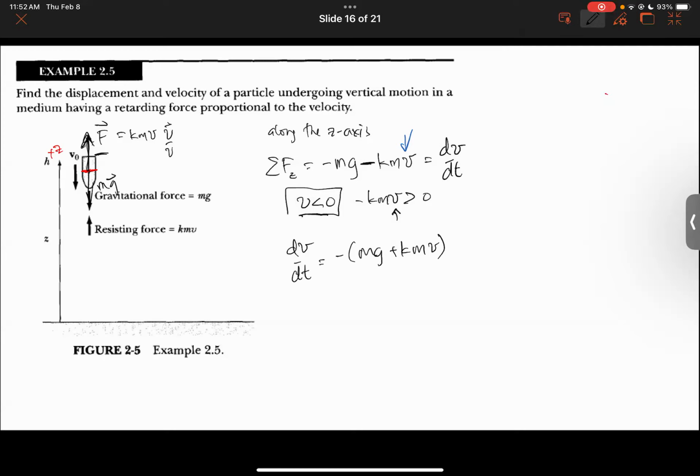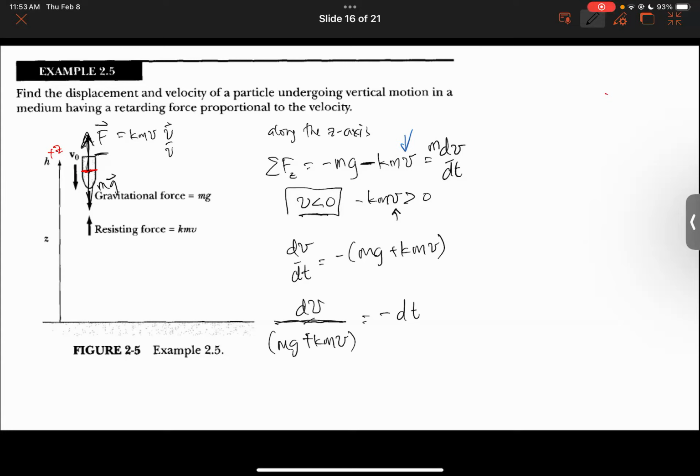Okay, and then how do we solve this? dv over mg plus kmv is equal to negative dt. Wait, sabi ko na nga ba may nakalimutan ako.